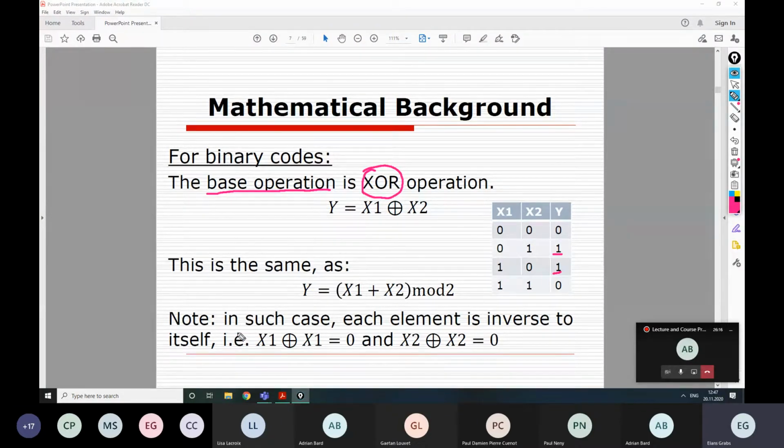Also, please note that in such a case, each element is automatically inverse to itself, since we add together two zeros and get the unity element, or two ones, and either way we get this unity element. So this automatically satisfies the third condition.